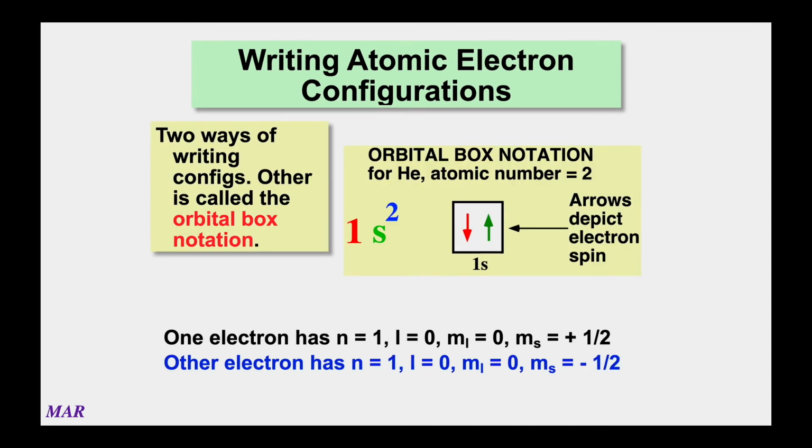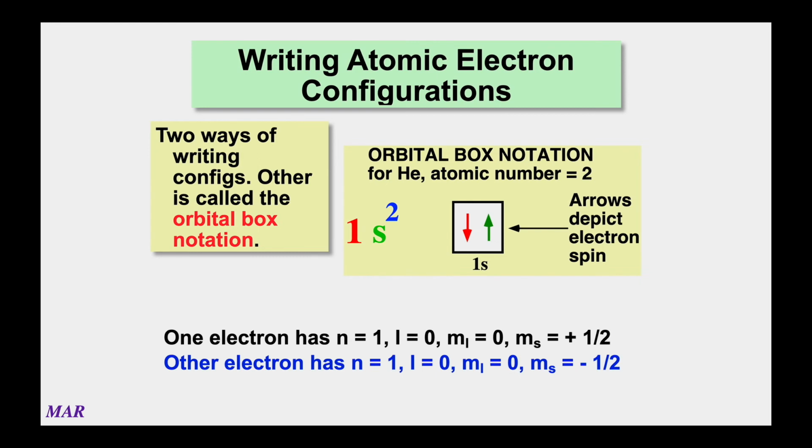If you want to go one more to a 1s2, no problem at all. 1s2 would be the electron configuration for helium. Now, helium has 2 electrons total. 1s's can have up to 2 electrons. So 1s2 would be the SPDF or spectroscopic notation. Now, sometimes you're going to see these listed in what's called orbital box notation.